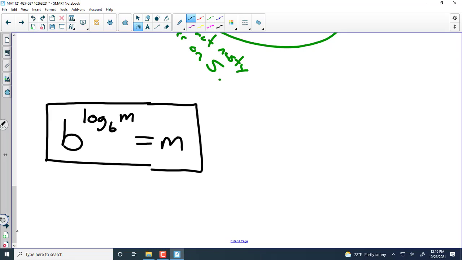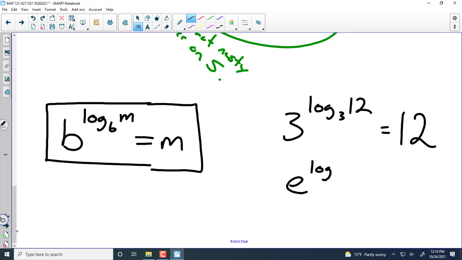If I ask you, what is 3 to the log base 3 of 12 power, what's the answer, everyone? 12. If I ask you what's e to the log of 14 power, what's the answer? 14. I have no idea what the answer is, because that's a base e and that's a base 10.